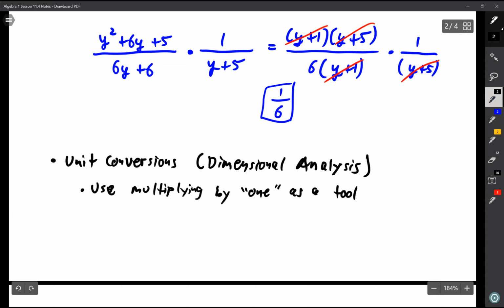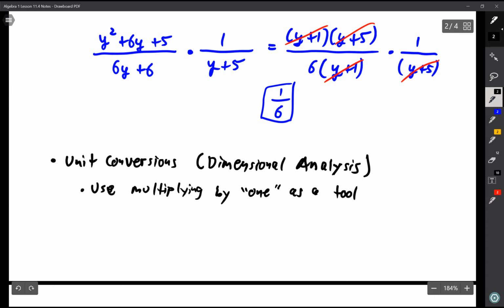We could also say stuff like this. 3 feet is 1 yard. Okay?